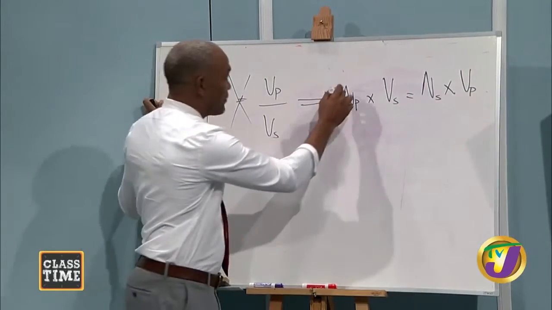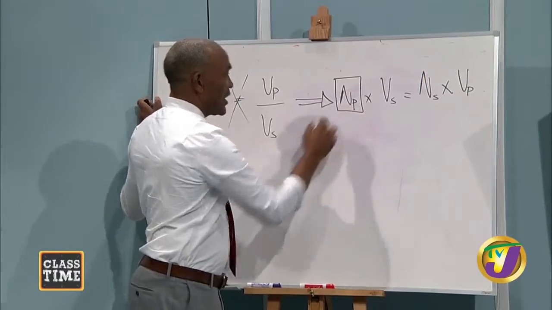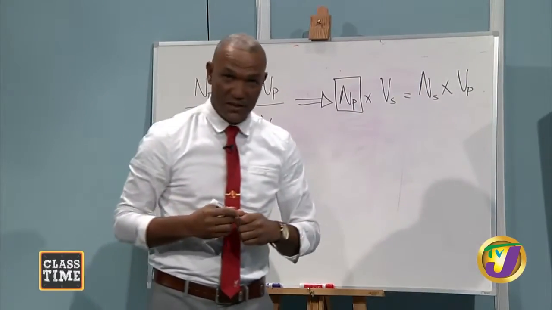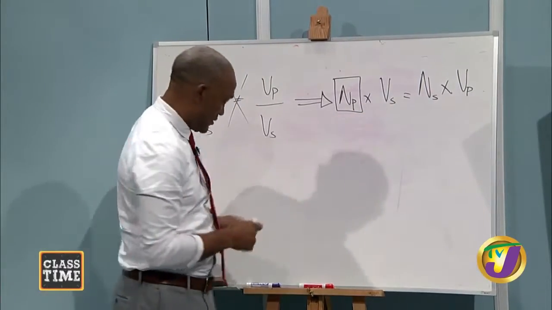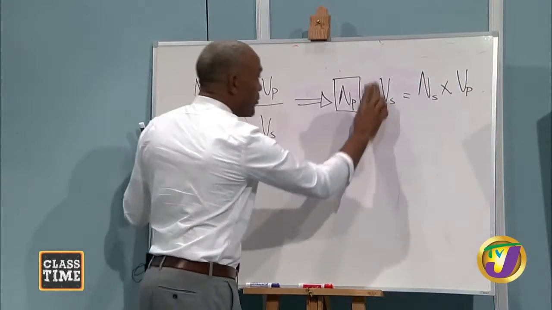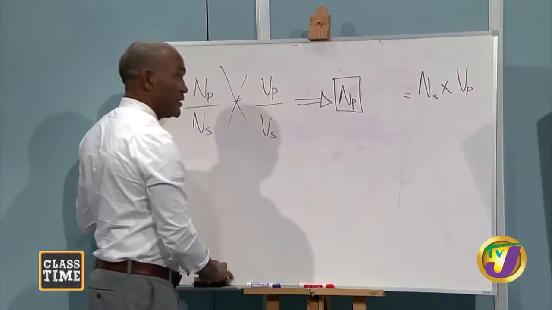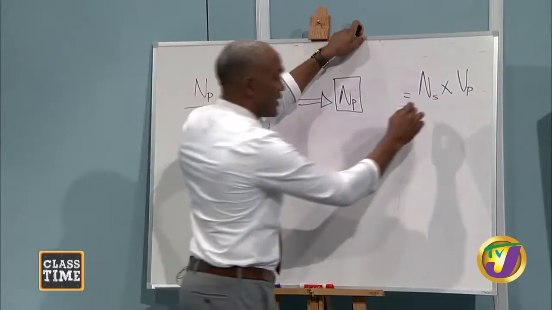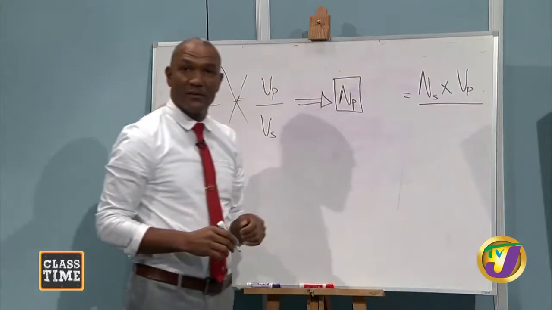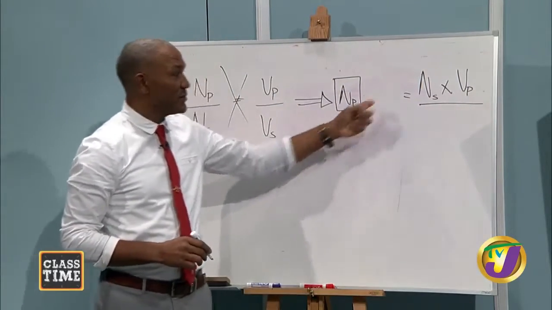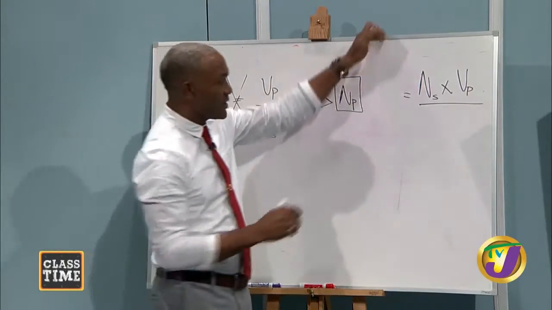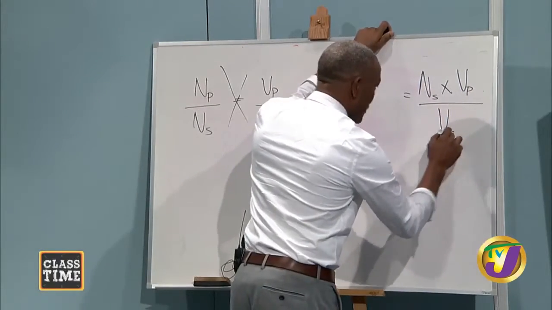If I want to find Np, I would remove what I don't want to find, which is Vs. So let's say, rub out Vs, and I would draw a line on the other side here. What did I remove from here? I removed Vs, so I will put Vs right here.